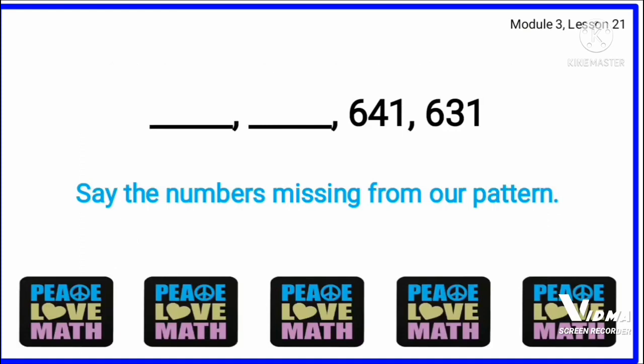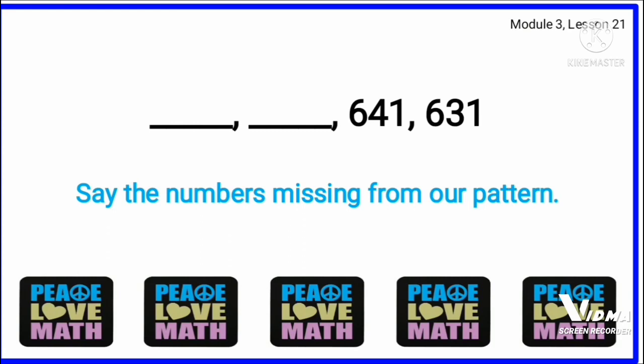Say the numbers missing from our pattern. Look at the pattern. There are two numbers before 641, 631. If I look at 641, 631, I see already that they are counted backwards in tens. 10 less than 641 is 631.